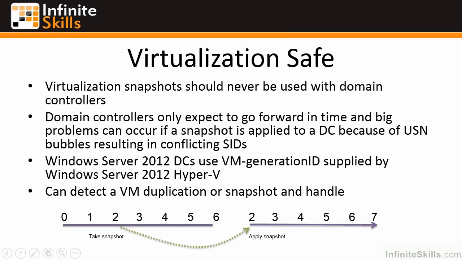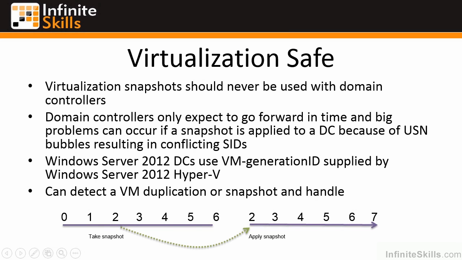By resetting it, it can effectively start from ground zero and not risk those bubbles. It will reassert any requirements related to FSMO roles. So it's basically protecting you from any kind of corruption or bubbling from using a virtualized domain controller. Now, this isn't something you should constantly go and test and take lots of snapshots and apply them, but it should now not cause any harm in your environment.